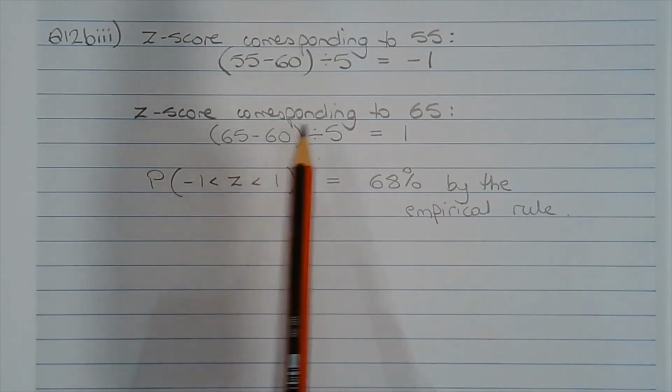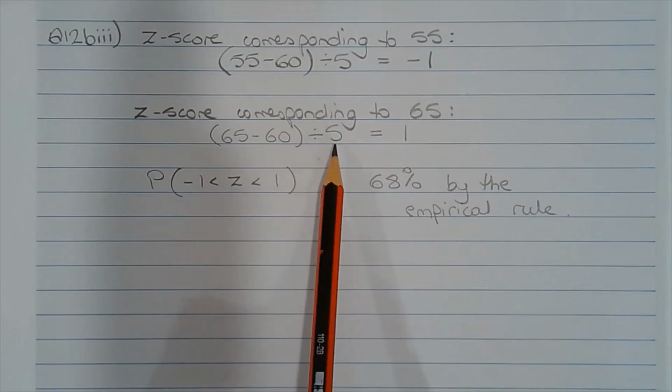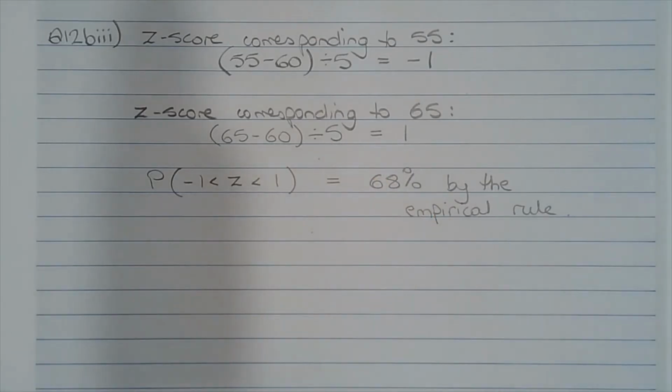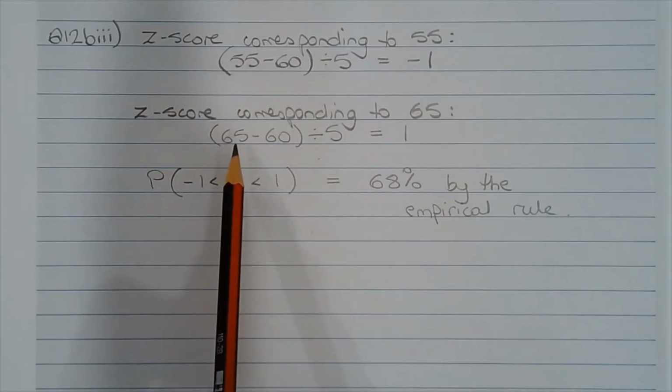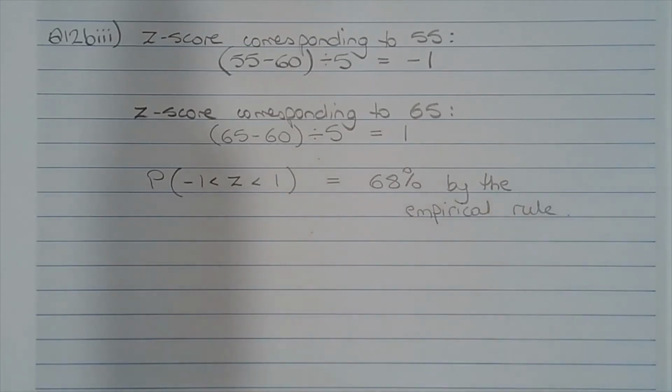The z-score corresponding to 65 is equal to 65 minus 60 in brackets divided by 5, and that equals 1. Hence, the probability that x lies between 55 and 65 is equal to the probability that z lies between -1 and 1, and that equals 68% by the empirical rule.